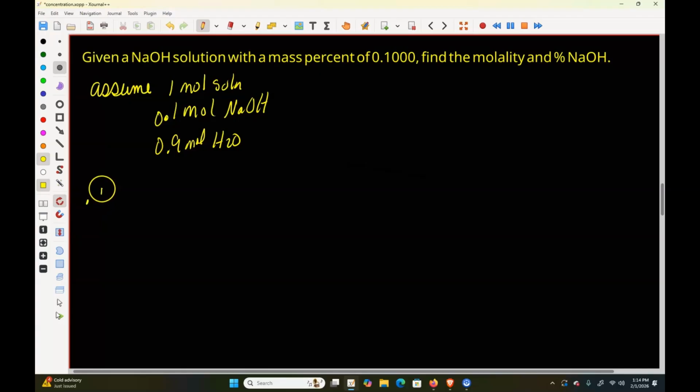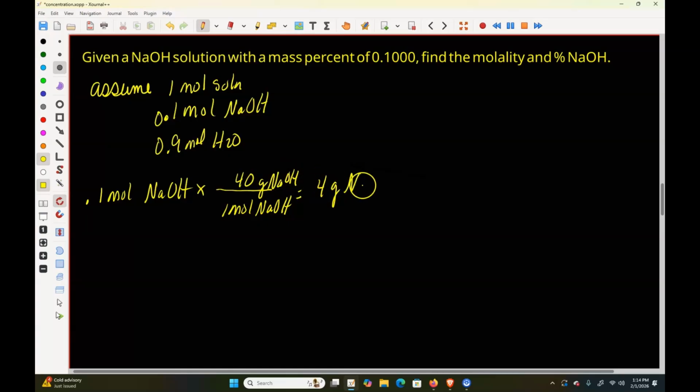So 0.1 moles sodium hydroxide. Let's convert that into grams of sodium hydroxide. The molecular weight is 40 grams per mole. That means I have 4 grams of sodium hydroxide. 0.9 moles of water.